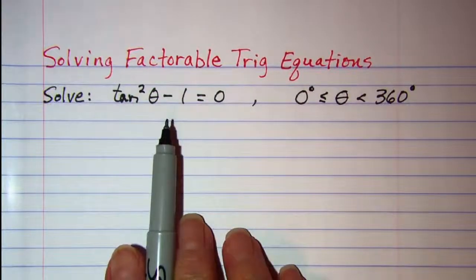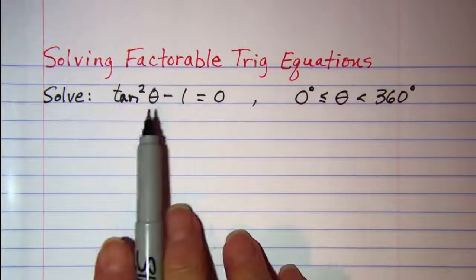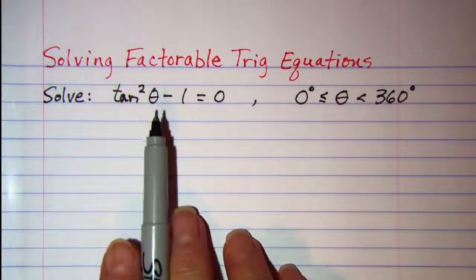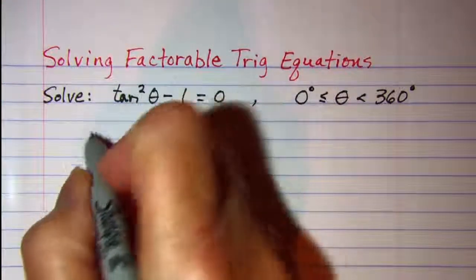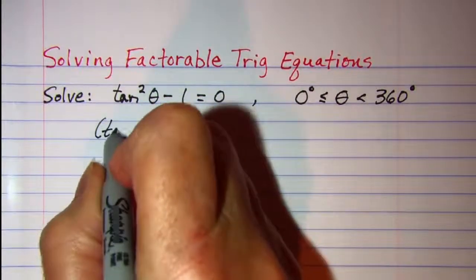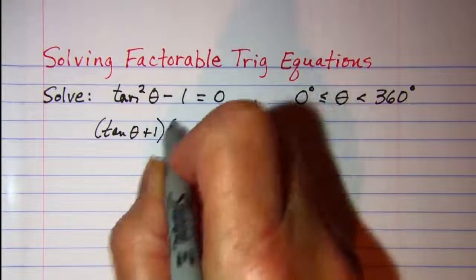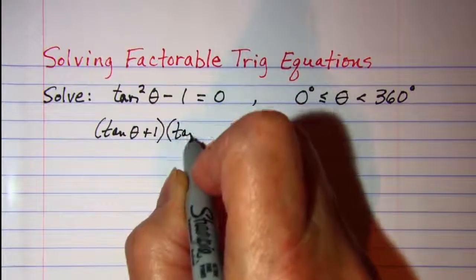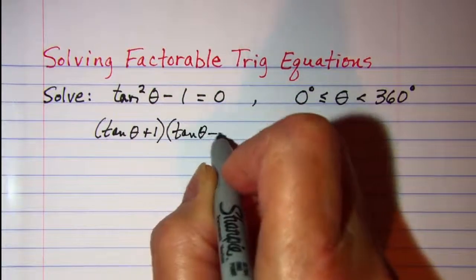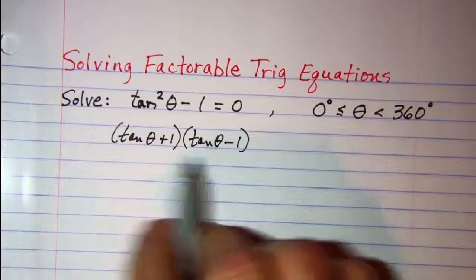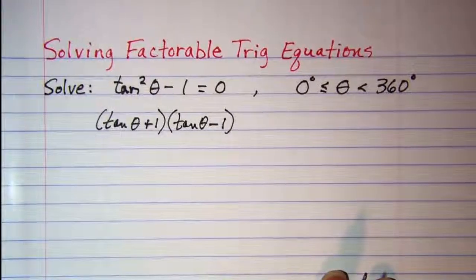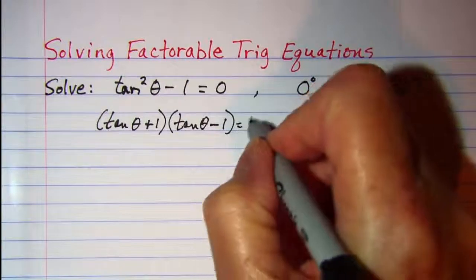All right. One way to approach this problem is to factor it as the difference of squares. So if we do that, we get tangent theta plus 1 multiplied by tangent theta minus 1. And that product is equal to 0.